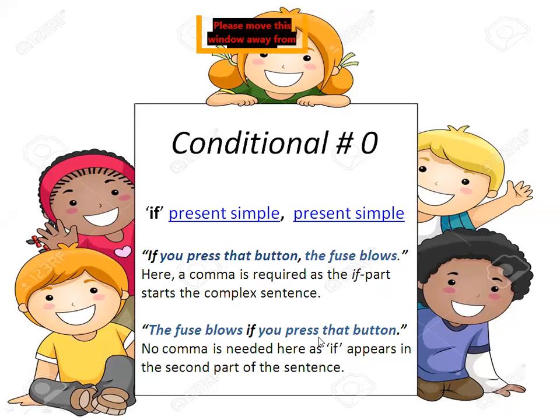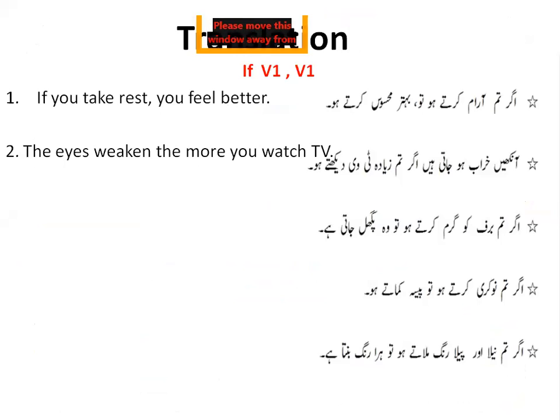But if you use the if clause first, you have to put a comma between these two present simple clauses. Now come to the translation. This is the simplest form of the structure: if plus v1 and v1.